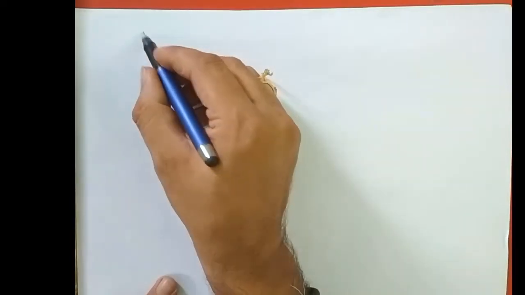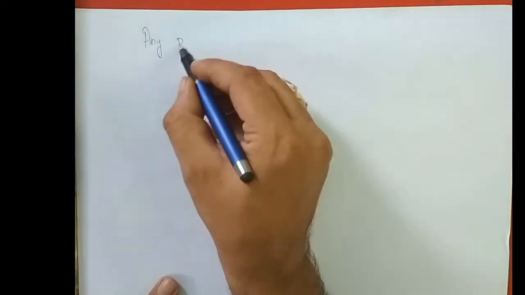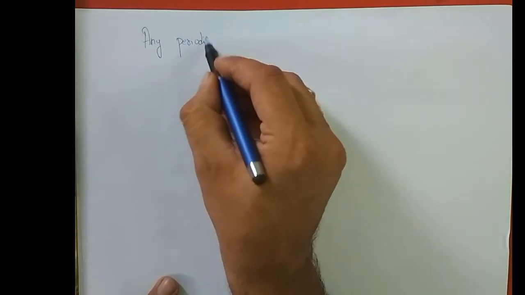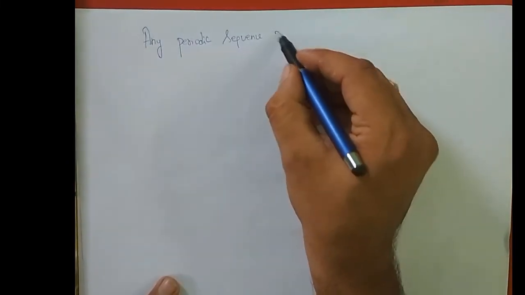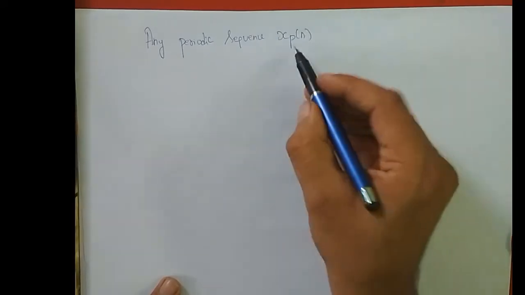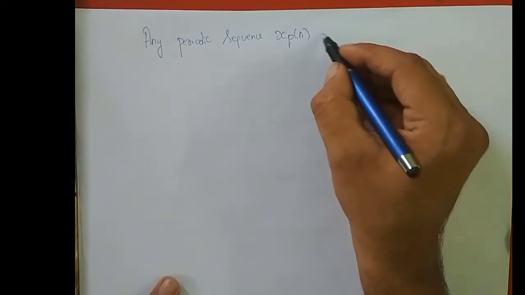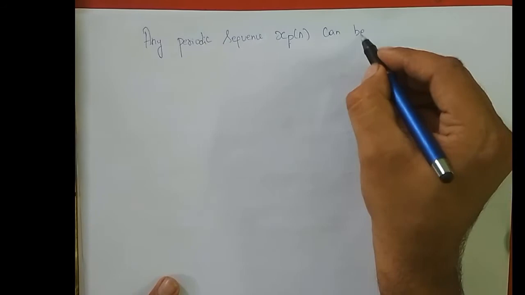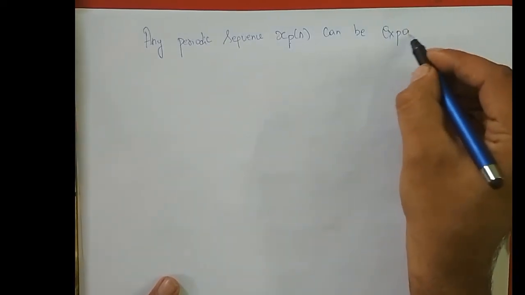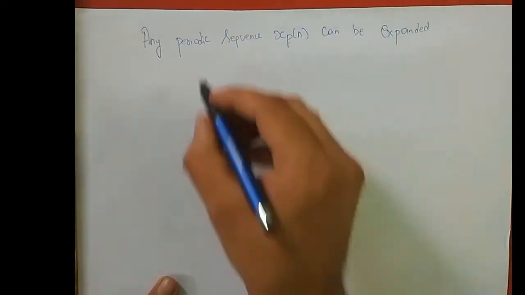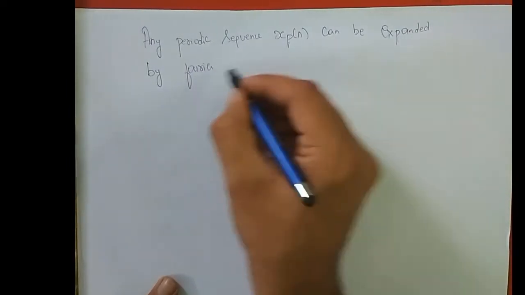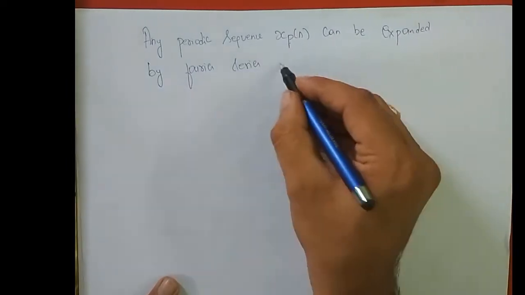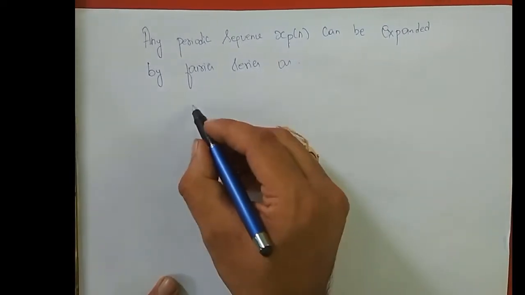Any periodic sequence x p of n, where p stands for periodic, can be represented or expanded by Fourier series. I hope you know this equation.